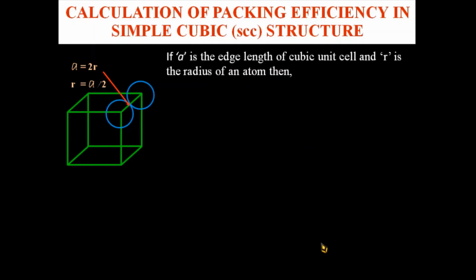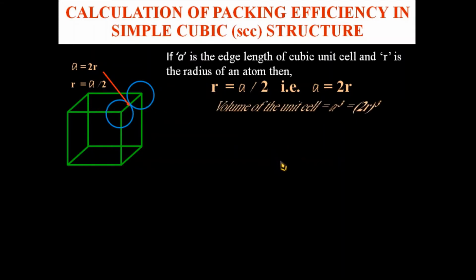If A is the edge length of a cubic unit cell and R is the radius of an atom, then the relation between R and A is R equal to A by 2, that is A equals twice R. Then the volume of the unit cell is A cube, and as A is twice R, it is twice R cube.